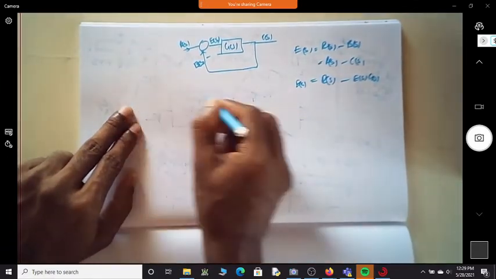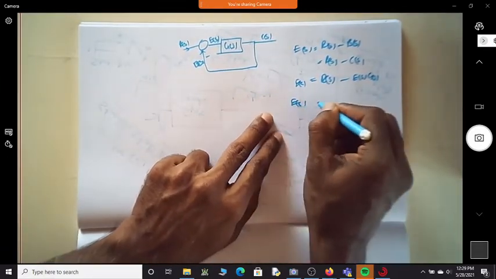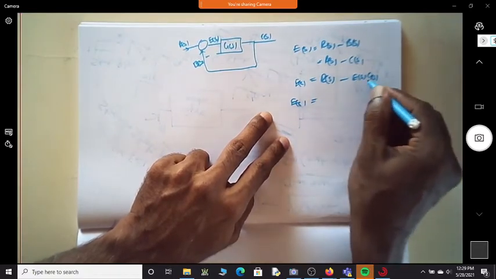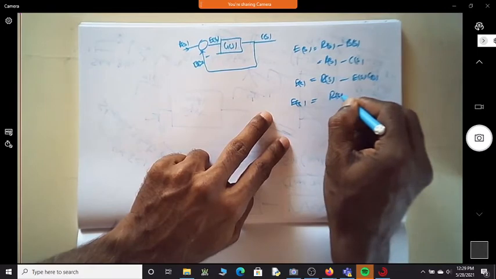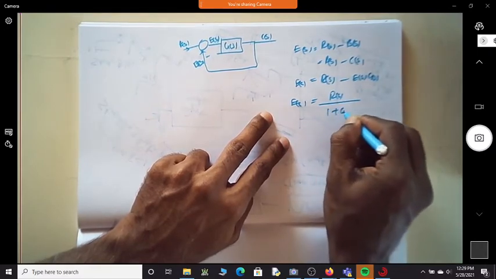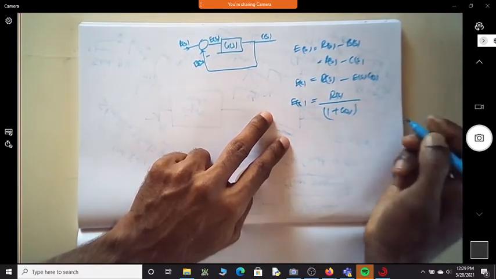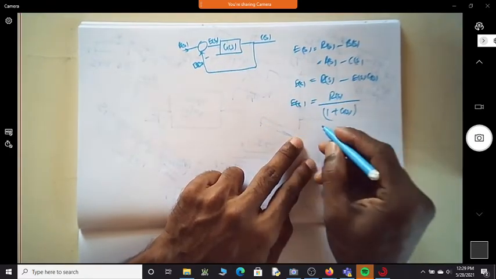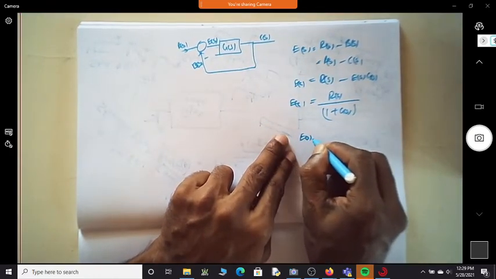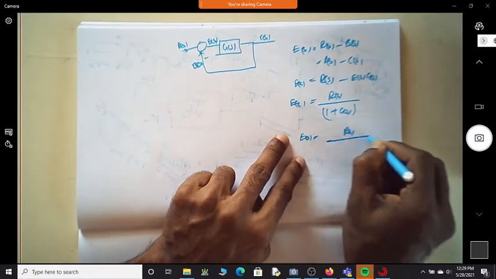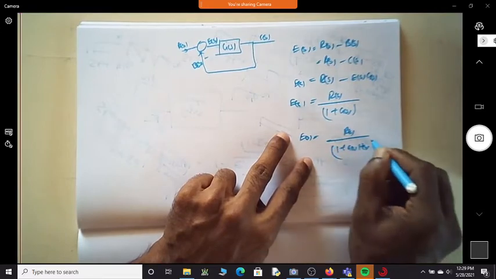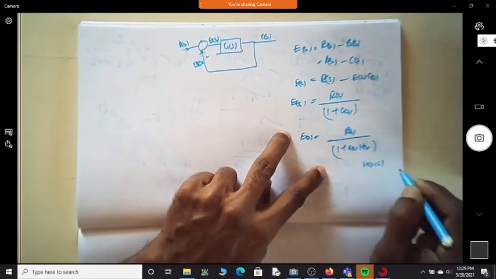So finally, can I write E(s)? Of course, we can take this outside and move it to the left hand side. Can I write it as 1 plus G(s)? Since it is a unity feedback system, can I write E(s) as equal to R(s) divided by 1 plus G(s) into H(s), where H(s) is equal to 1?